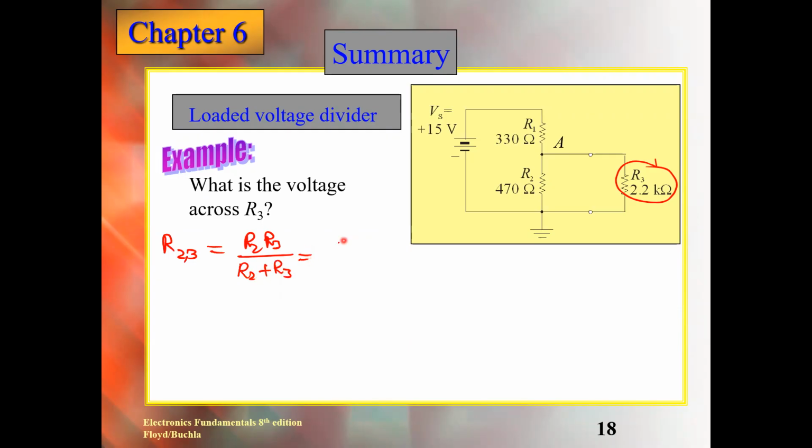Now put the values: 470 multiplied by 2.2 kilo ohm. Guys, we can convert this into ohm or kilo ohm. Check this quickly. If I convert, it will be in ohm. Then we can add 470 plus 2200. How much are you getting this way? R23.